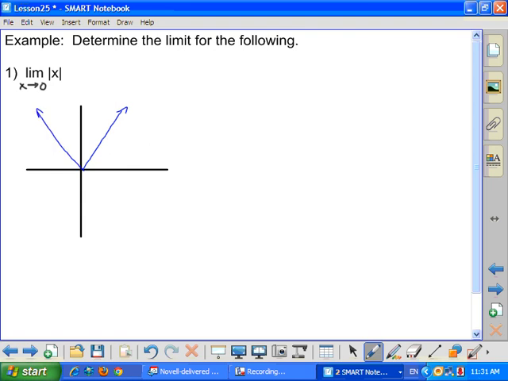So there is my function f of x. We want to do a one-sided limit as x approaches 0. So the limit as x approaches 0 from the negative side of the absolute value of x, and the limit as x approaches 0 from the positive side of the absolute value of x.